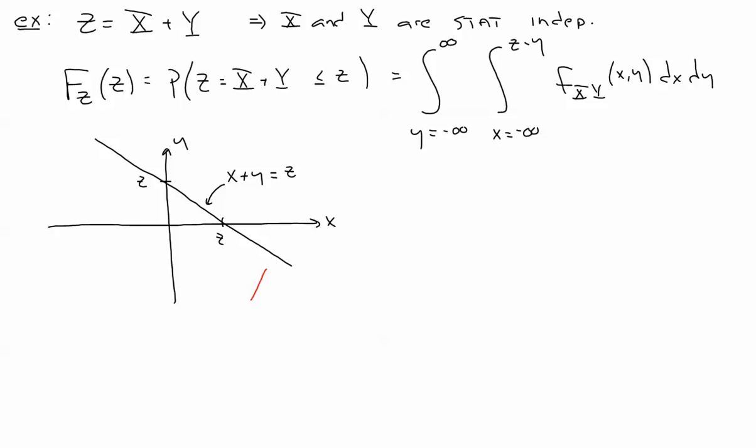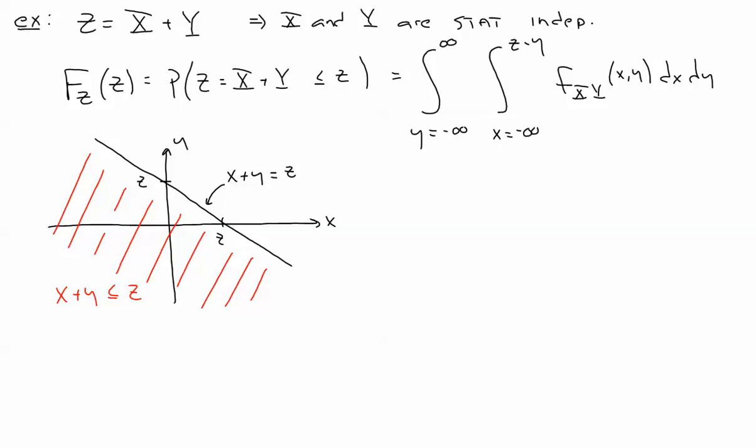That means that this region down here is the region for which x plus y is less than or equal to z. All right? That's the region over which we want to integrate the joint probability density function.